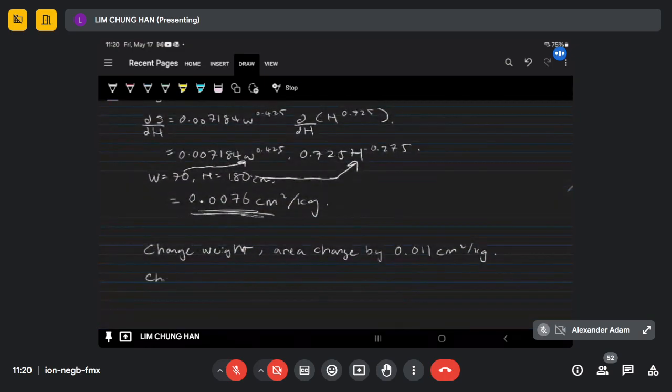When I change height, area change by 0.0076.